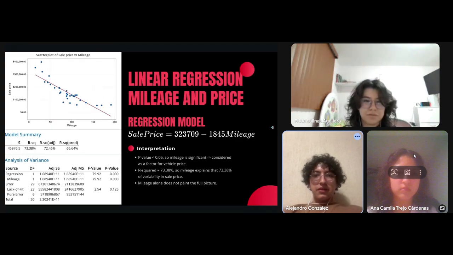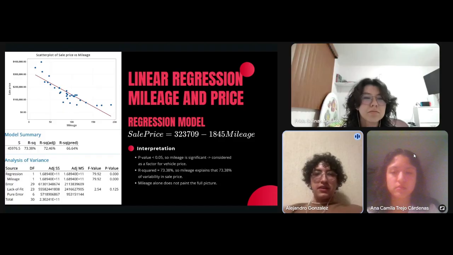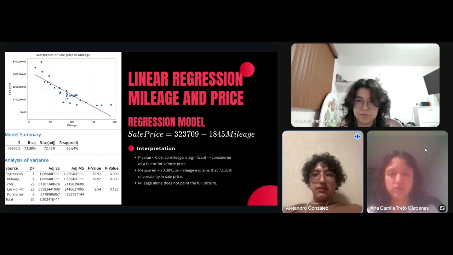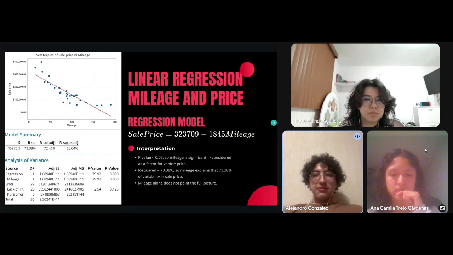Also, we used linear regression for comparing the sale price versus the mileage the car had. And we got this equation again, as you can see here. And this basically tells us that for every 1,845 kilometers driven, the car will lose approximately 1,845 pesos in value.